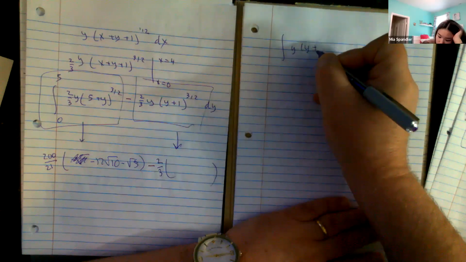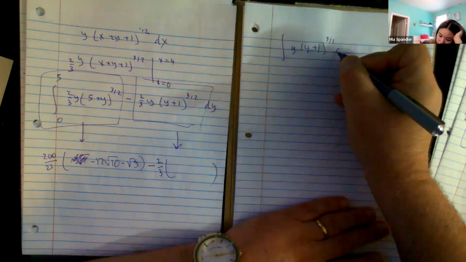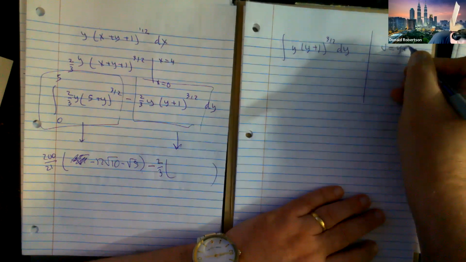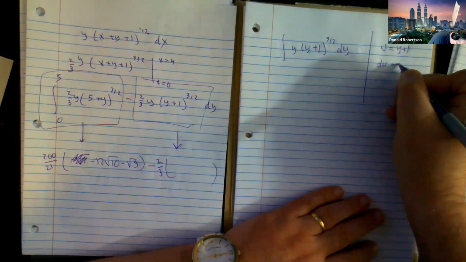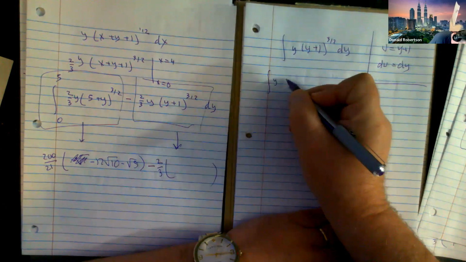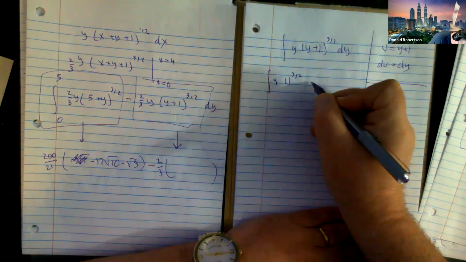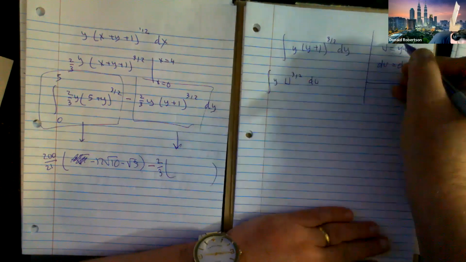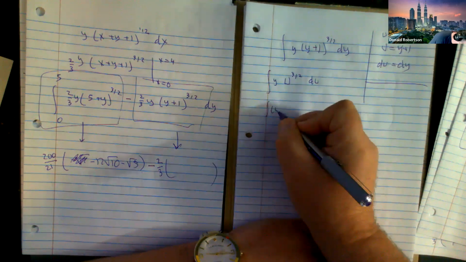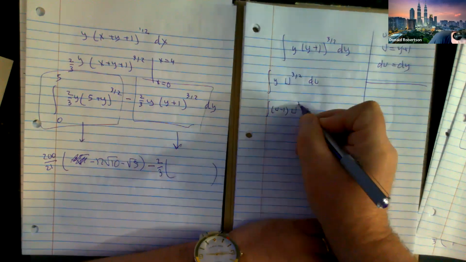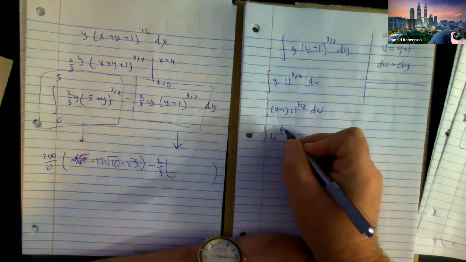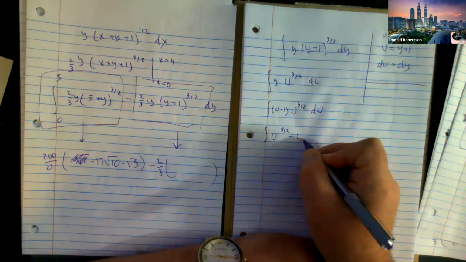Yeah. And I'm going to do the same u-sub trick that we did before. Let's just do a quicker version of it. And so we're going to have y, u to the 3 halves, du, and that becomes u minus 1, just like the last time. And that becomes 5 halves and 3 halves.